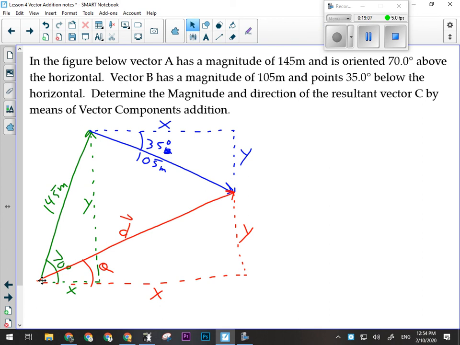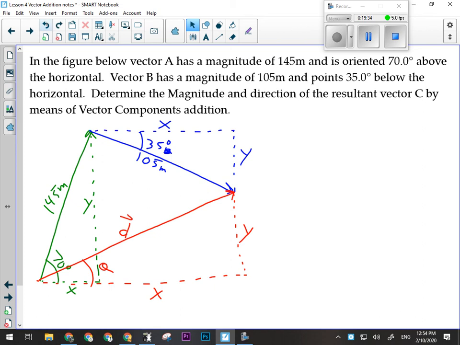Now, in this case, both vectors go to the right. So if I take green x and blue x and put them together, will they equal red x? Yes. So I put blue x and green x together, they equal red x.